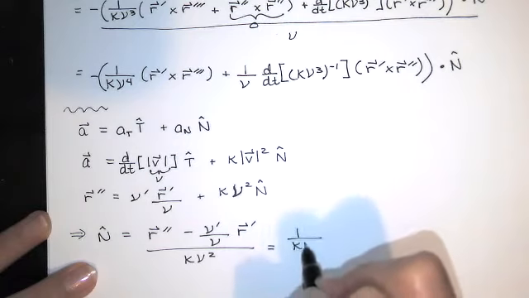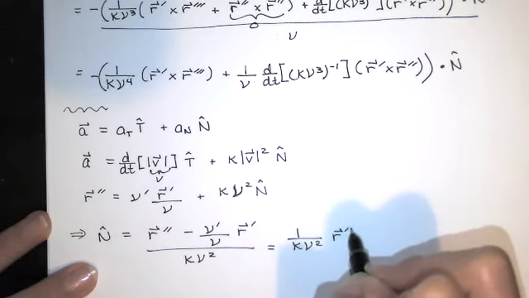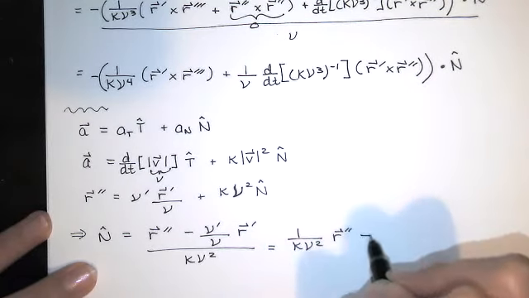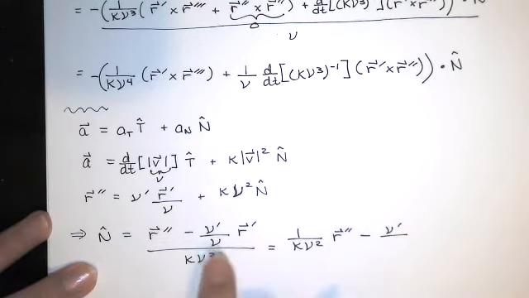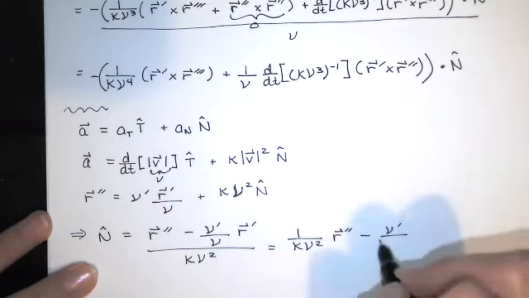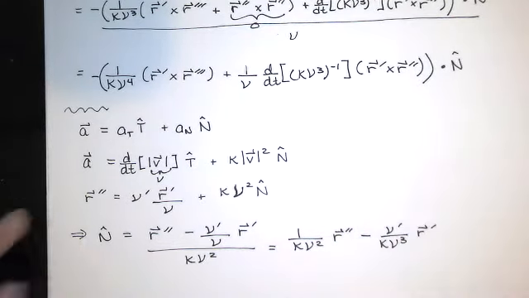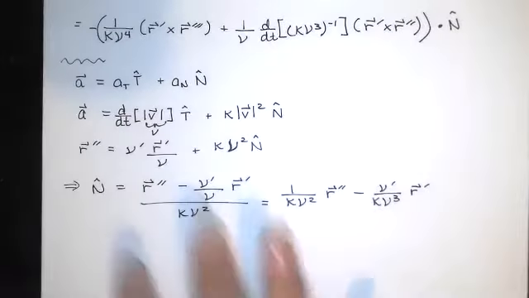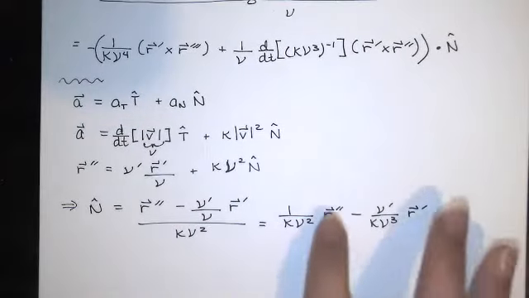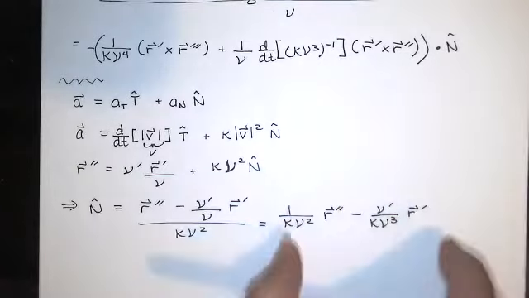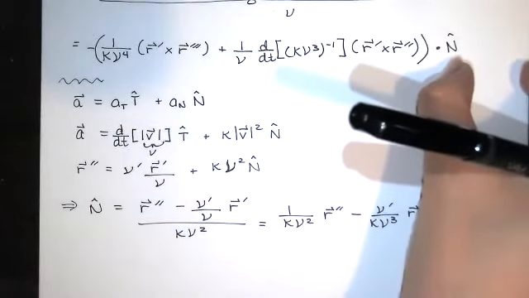This is 1 over kappa times nu squared times r double prime. And then you've got 1 over nu prime, and that kappa times nu squared is going to end up in the denominator here. So you're going to end up with kappa times nu cubed times r prime. And you subtract those two vectors, and that gives you n hat. So I'm going to use that expression right here.